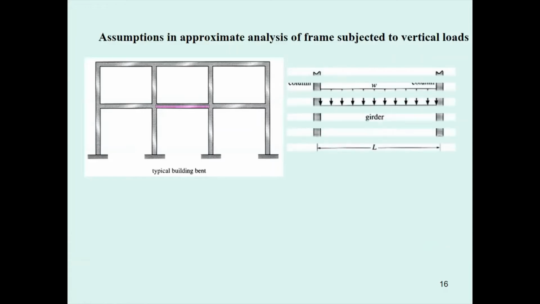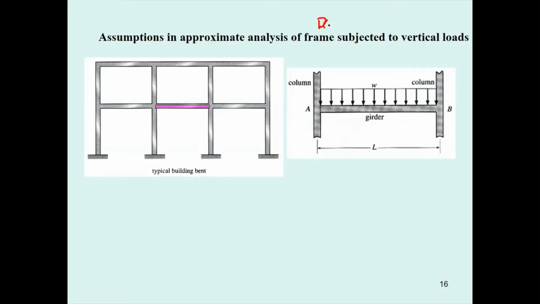Another one, coming to this frame. Most of this frame has the degree of indeterminacy equal to 18. The experienced engineer usually separates the beam into segment, into floor, into beam, into column, into fitting, as I previously explained to you guys.